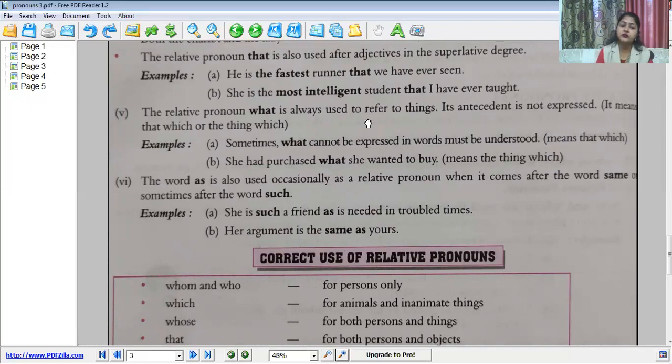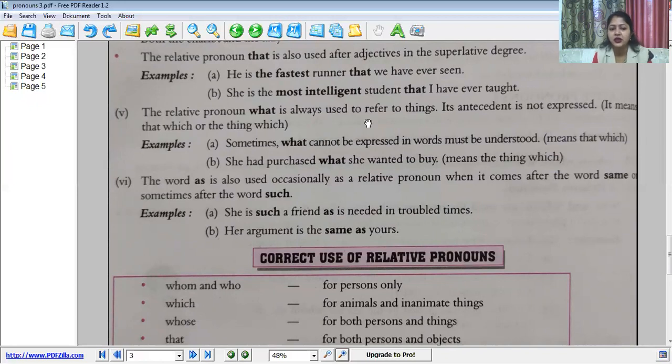Now we'll move to the next point, such. The word as is also used occasionally as a relative pronoun when it comes after the word same or sometimes after the word such. So when do you use the relative pronoun as? Sometimes it is used after the word such.